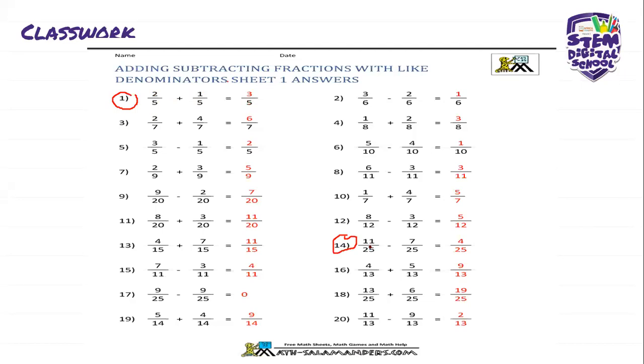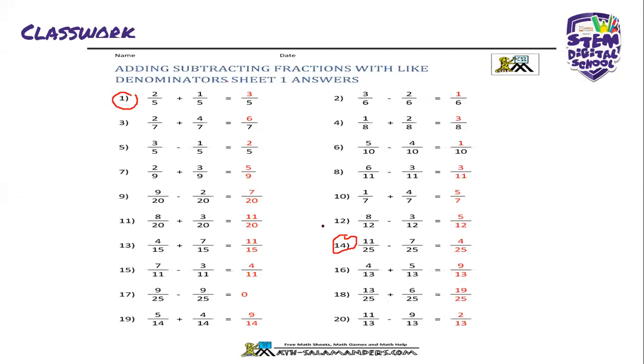Number 14, how did you do it? 11 over 25 minus 7 over 25. I said 3 over 6 minus 2 over 3. Okay, so you said 3 over 6 minus 2 over 6 is 1 over 6.